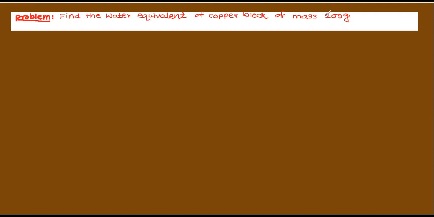The specific heat of copper is, you can write here given, specific heat of copper, that is S of Cu, is equal to 0.09 calorie per gram degree Celsius.